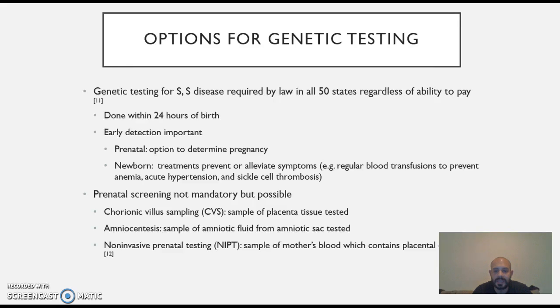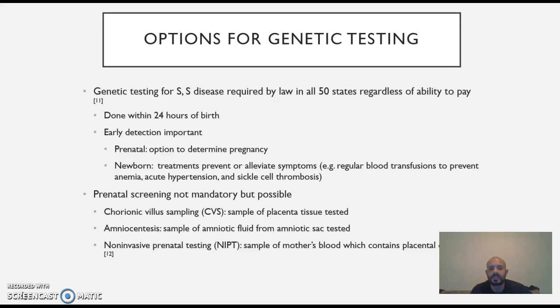It's done by a blood test, and the results usually come back within 24 hours. If you test positive for sickle cell disease during the testing, they'll follow it up with a CBC blood test to confirm the results. Now, prenatal screening is not mandatory, but it's possible, and we have three main options.